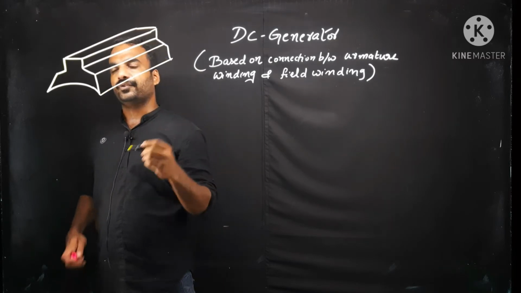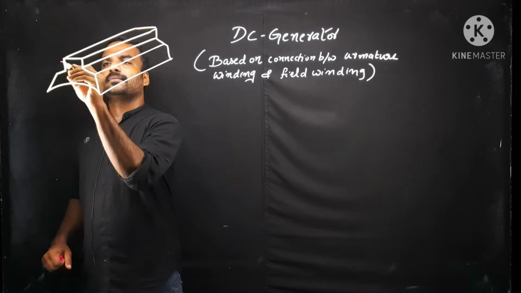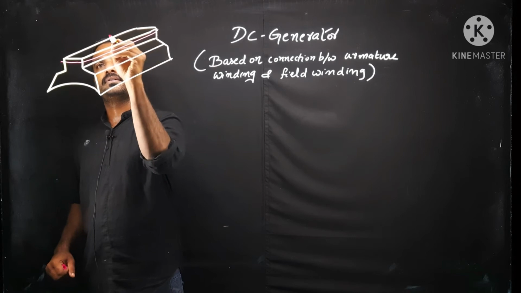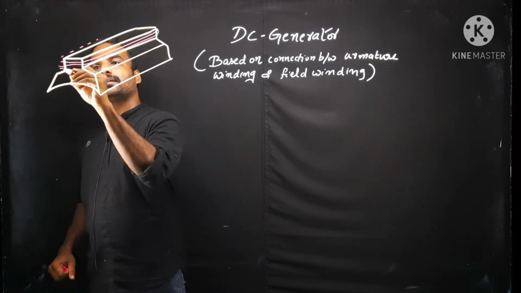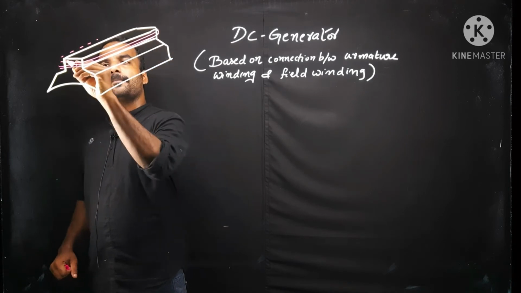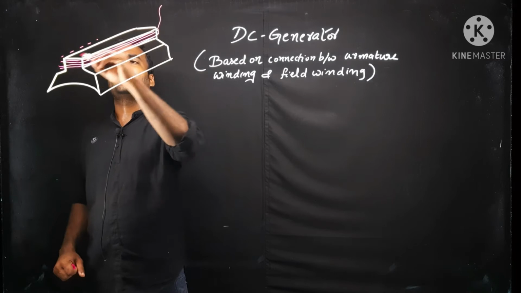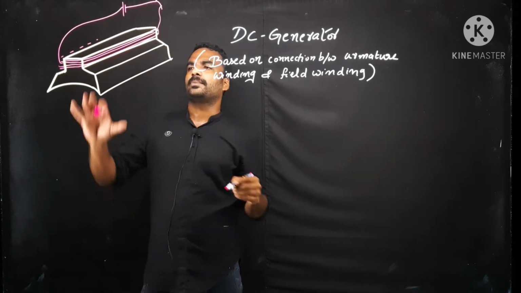So this is the 3D view. Here we are providing some windings on the armature core, and these windings are directly connected to some DC supply, or we have to give some DC.